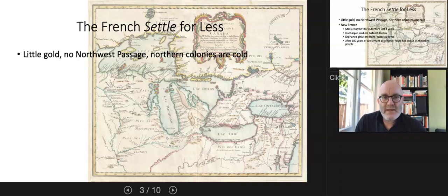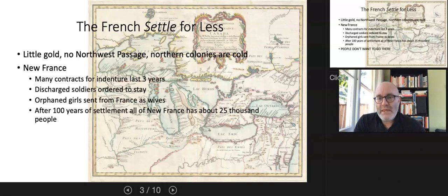They don't find it. It's cold and not well suited for agricultural production. People don't want to go. You have to go for 3 years on a contract of indenture. Soldiers that go there have to stay there. They send orphaned girls. I mean, this is awful, right? They send orphaned girls as wives for some of these French men.